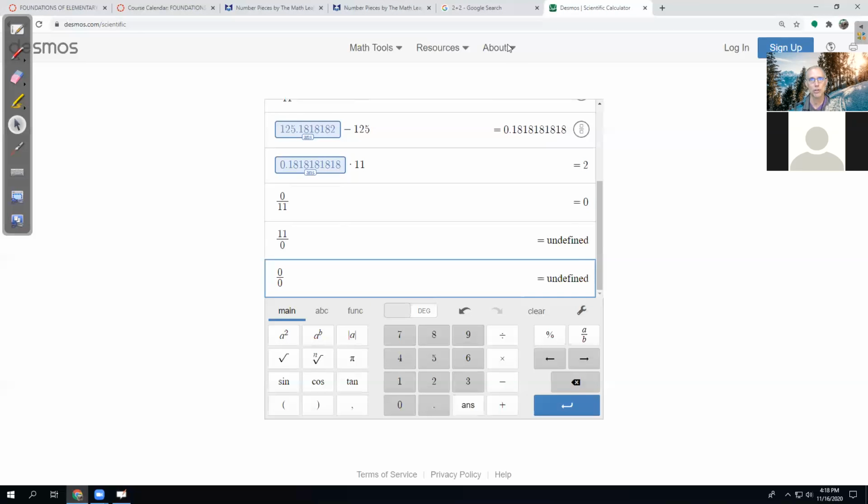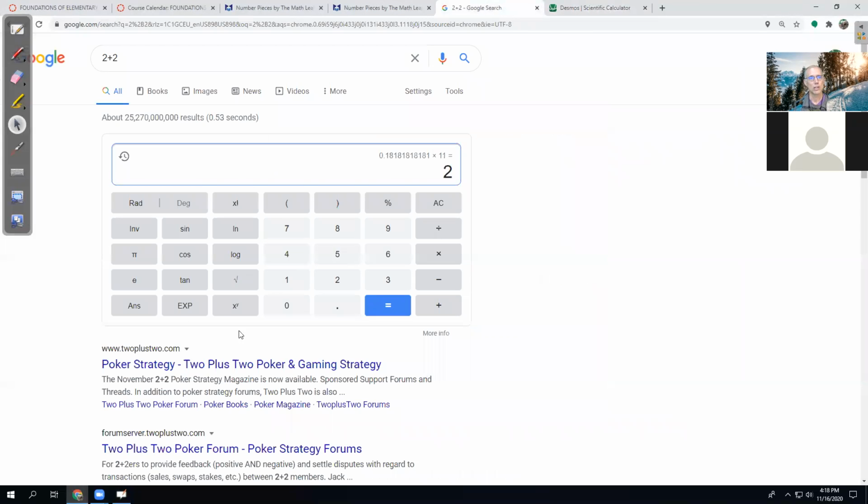What does Google say about those? 0 divided by, let's do 7 this time. 0, that's cool. But 7 divided by 0, ooh, Google says infinity. That's fascinating. And then the other one I tried was 0 divided by 0, and Google just says error on that one.